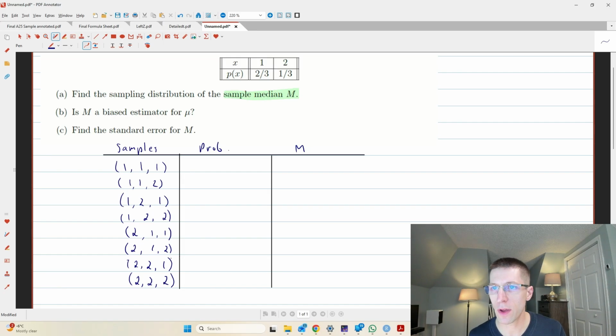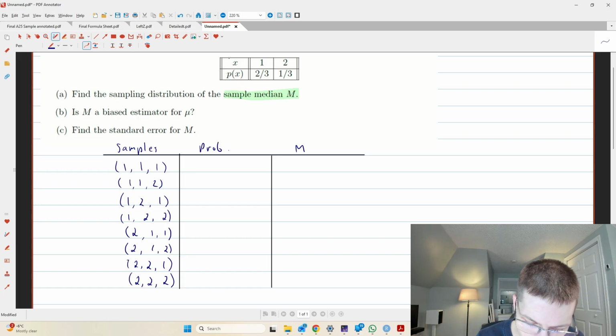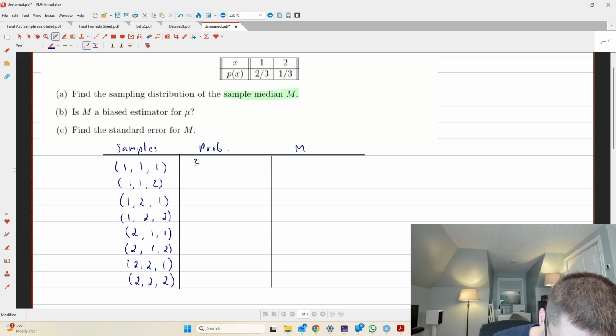We also have a distribution for X. So having 1, 1, 1 occurs with probability 2/3 times 2/3 times 2/3, which is 8 over 27.